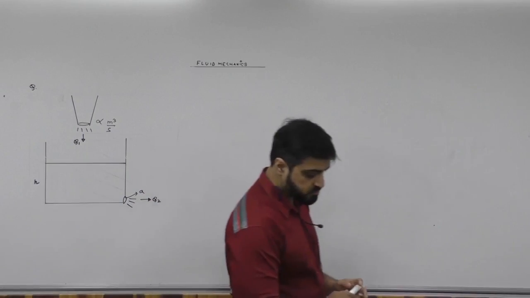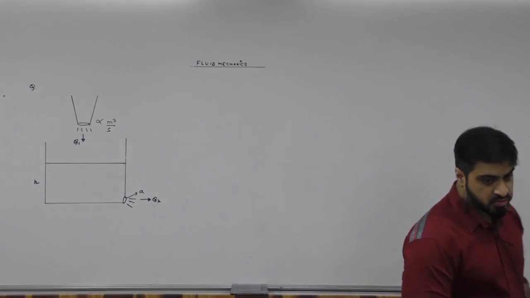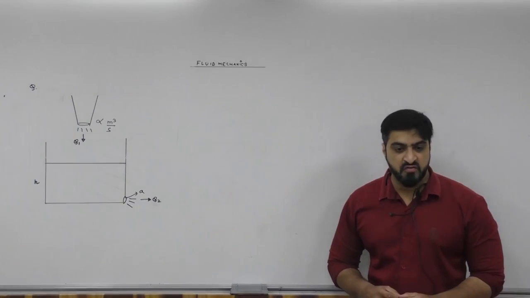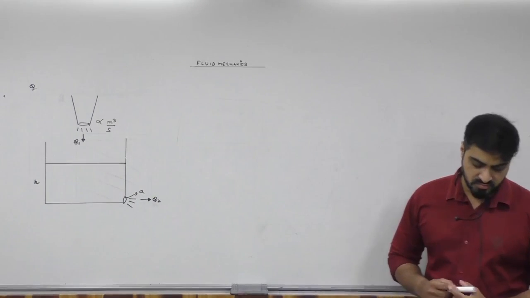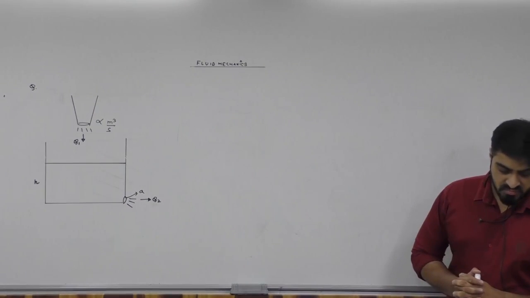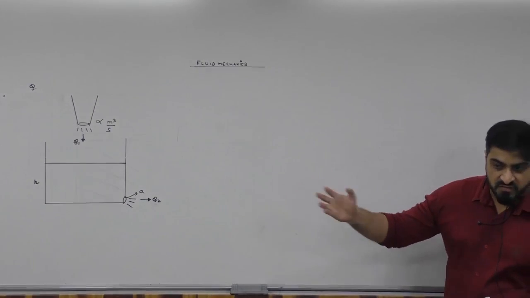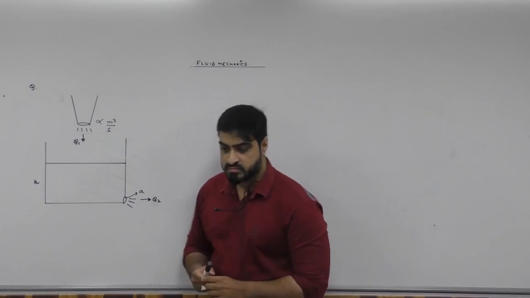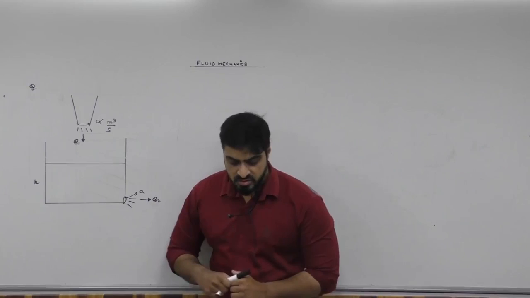Next question. The question tells you in the form of comprehension, the inflow rate in the tank is alpha, which is constant, in meter cube per second. It's constant.